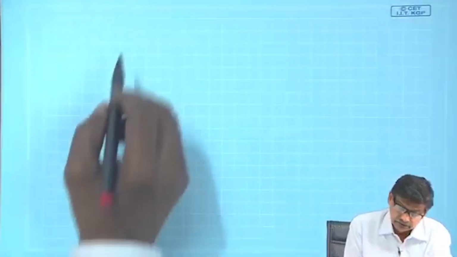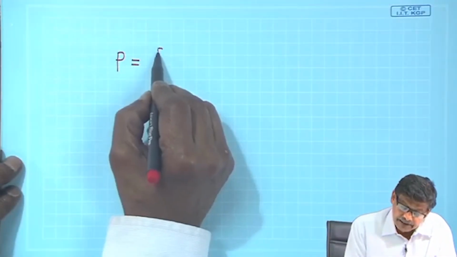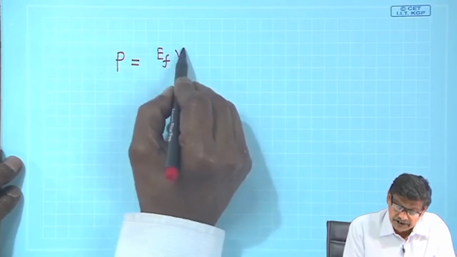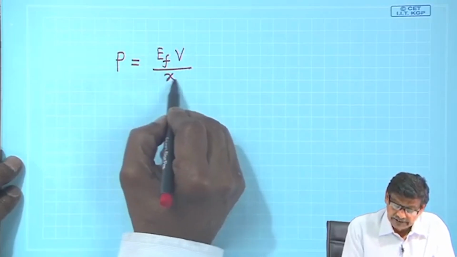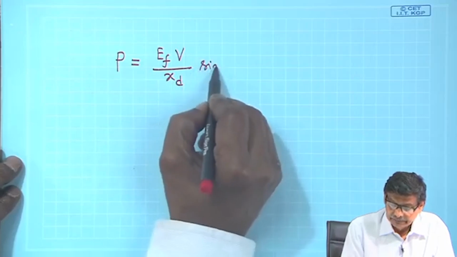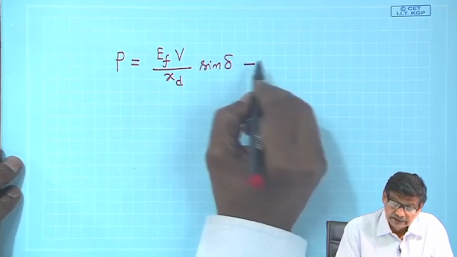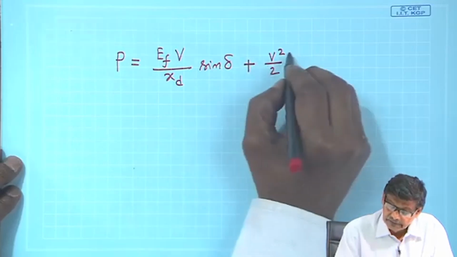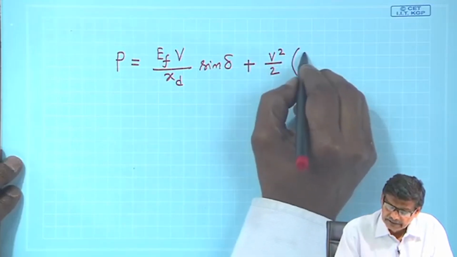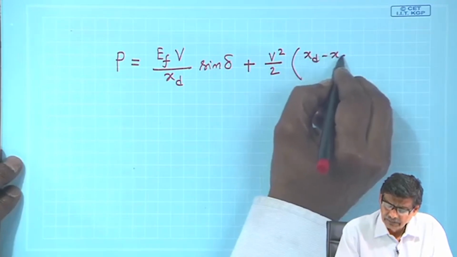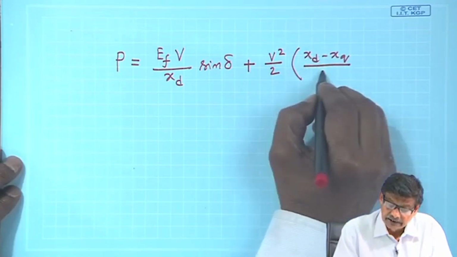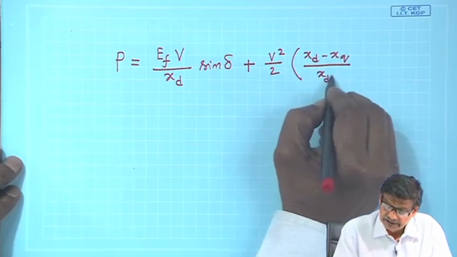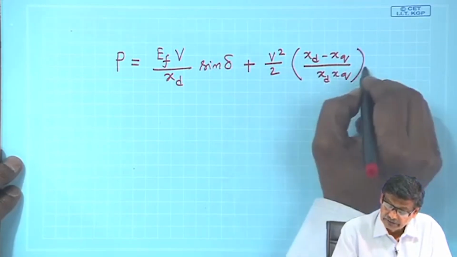Recall that we have got the power as EF V by XD sin delta, minus V square, not minus, plus, this can be written also in this form, (XD minus XQ) by XQ XD into sin 2 delta.